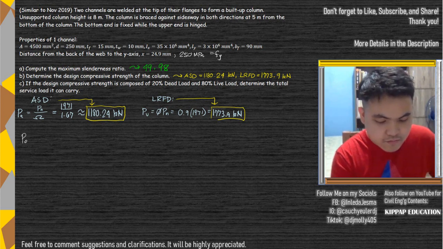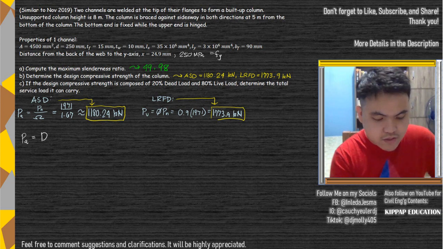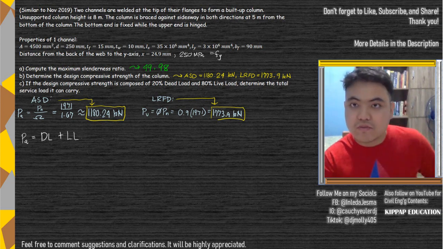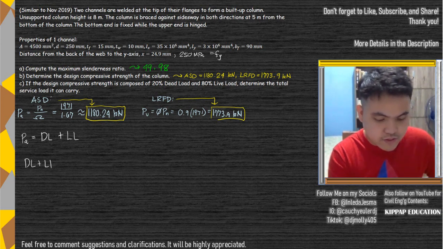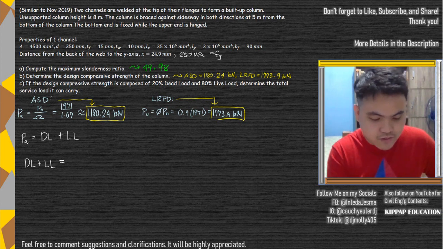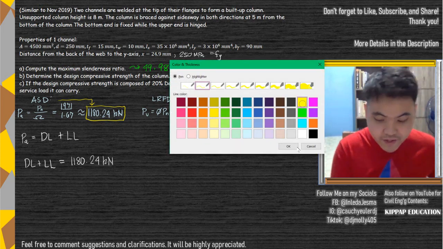Diretso lang, di ba? P allowable is equal to the dead load plus the live load. No need to have the factors kasi ASD nga. So therefore, DL plus LL. Ito na yung service load. So this is already 1,180.24 kilonewtons. Ito na yung ating answer for ASD.